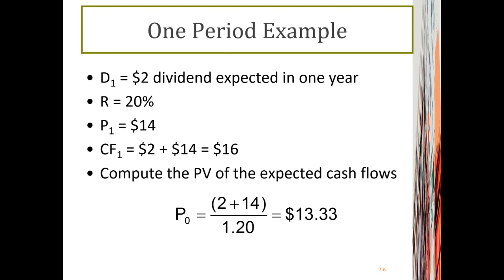And that $16 is cash flow that will happen in 1 year. Therefore, in consideration of time value of money, we need to discount that cash flow by using the required rate of return as the discount rate. So P0, which is the stock price right now, where 0 means time 0, equals the discounted future cash flow, which is $16. Right? And that will give you $13.33 of stock price estimation.